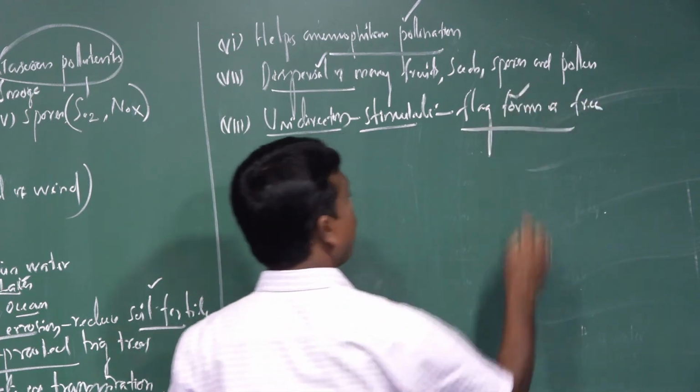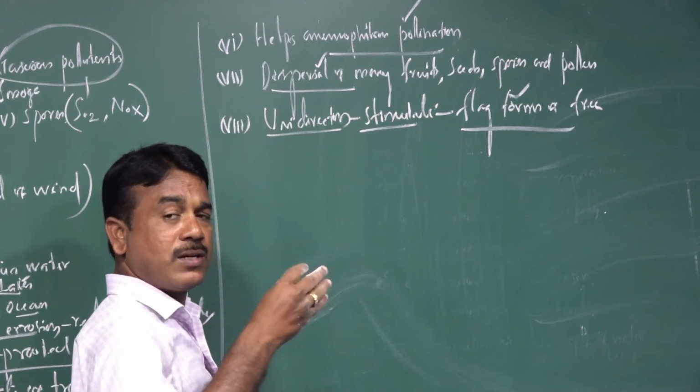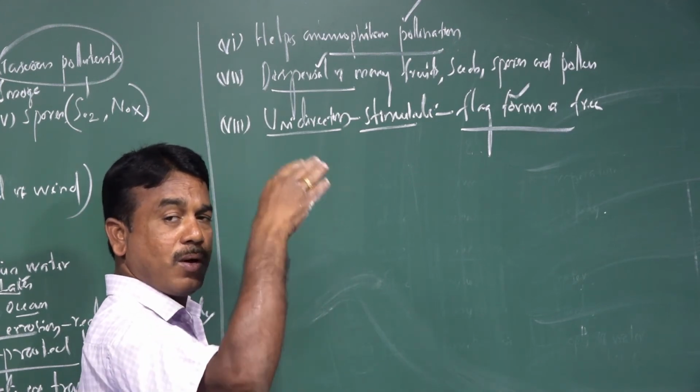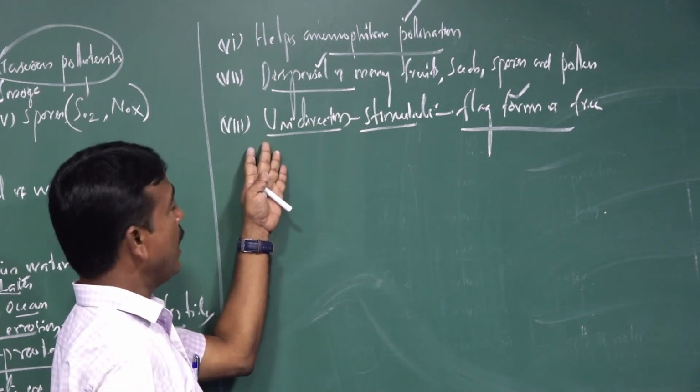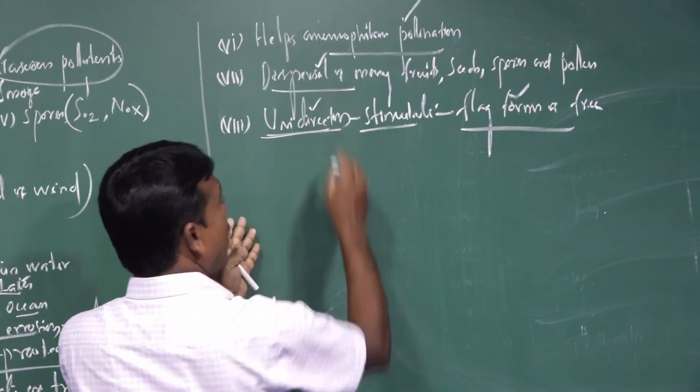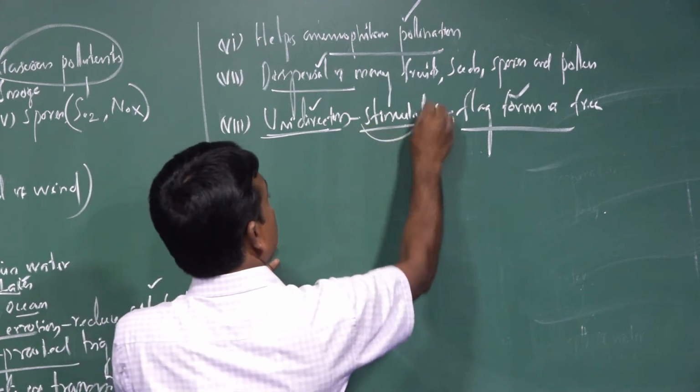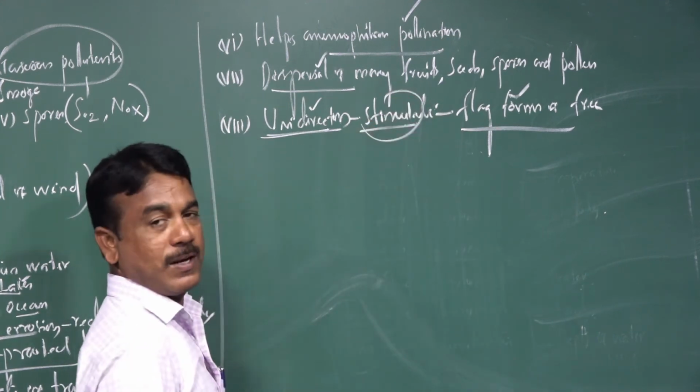What do I call the flag form of tree? Do you know the blowing of a flag, only on one side? Due to heavy wind, what happens? Unidirectional wind flow is responsible for stimulating flag forms of trees.